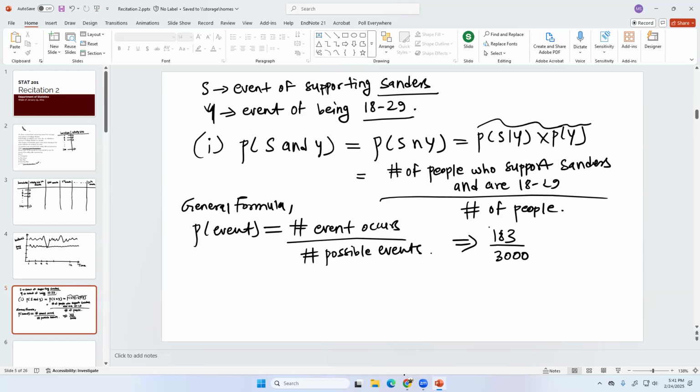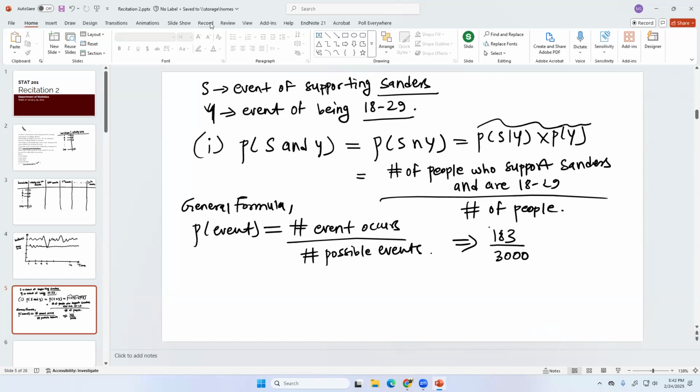Does it matter whether the events are independent? Yeah, it does matter, because things change when they're independent and when they're mutually exclusive, right? The equation changes. So for this, we will first have to determine whether they're independent or not.